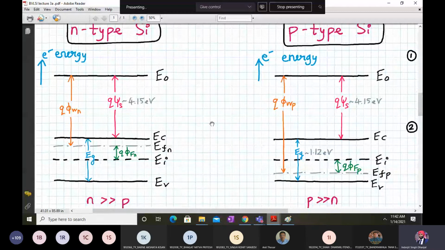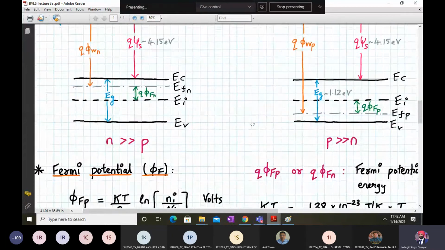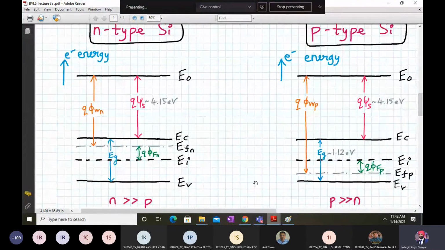Now let us go into a little more detail. The increasing energies upward is the electronic energy, so it's an energy band diagram. Now we have certain parameters. EG, we already know, is the energy band gap. Q into psi s, we already know, is the electron affinity energy. Q into phi Wn is the work function potential for N-type semiconductor.